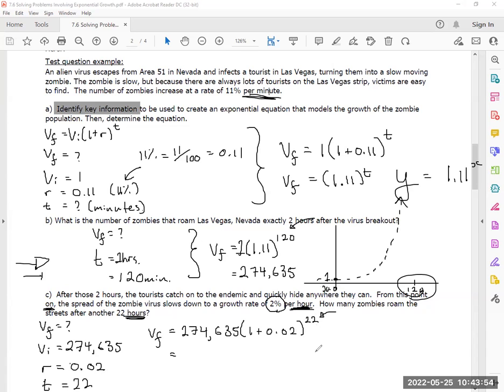Isn't it the power of 20? That's already after 2 hours? Oh no, it's after another 22 hours. So we've already gotten to a point where 2 hours has passed. So in other words, another 22. So how many zombies are now present after 1 day? Then when you're ready, plug it in.